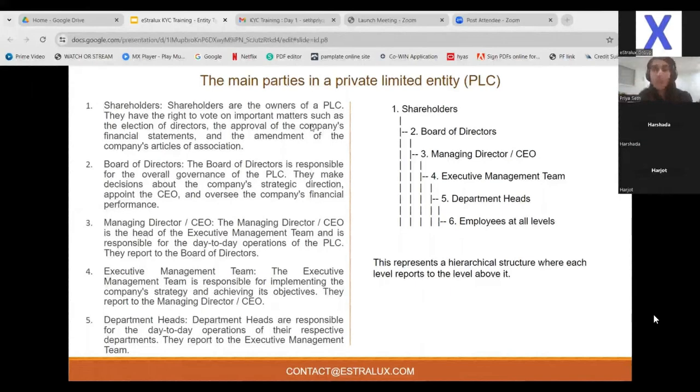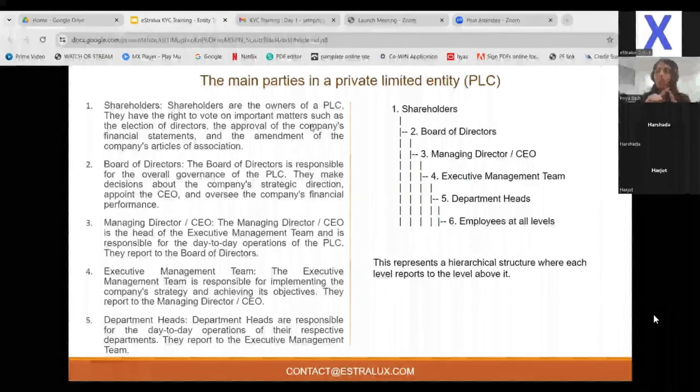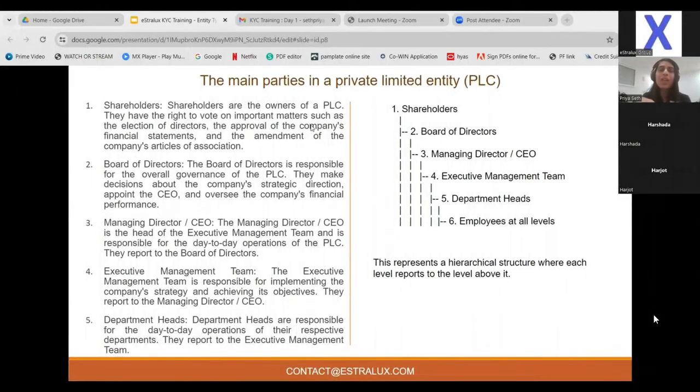When I speak of KYC here, you have to be majorly concerned with the shareholders, because that is a very much a requirement. For the board of directors, the C-level suite and the executive management team, it will rarely be a requirement for you. Departmental heads are also rarely a requirement.